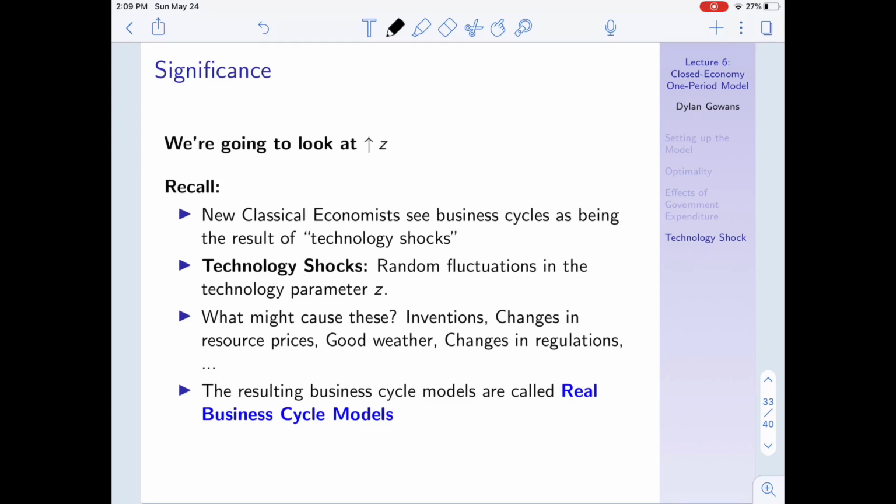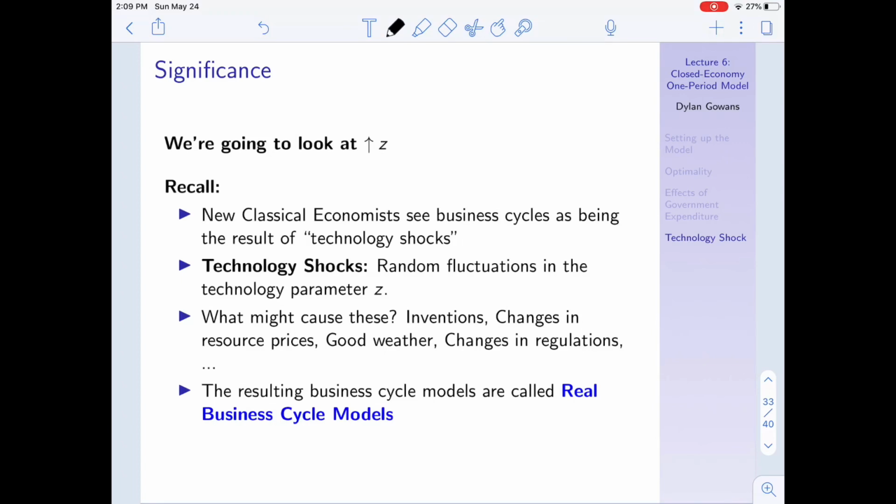I can produce more for a given amount of capital and labor. And you could also think about good weather if, say, you're a farm. Or changes in regulations, they might change the cost of doing business and so on.